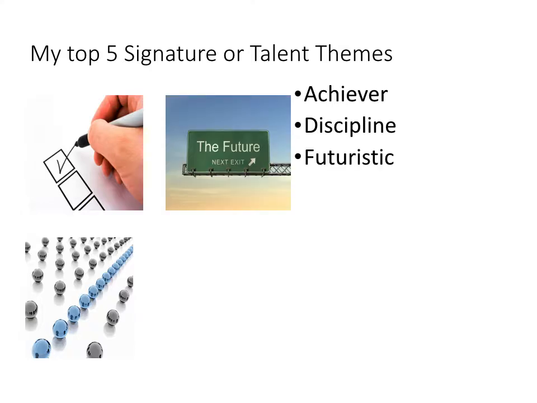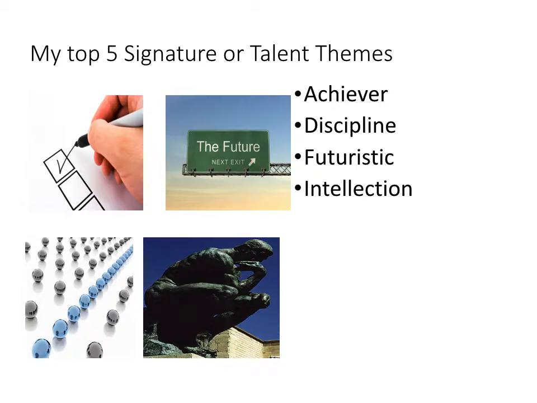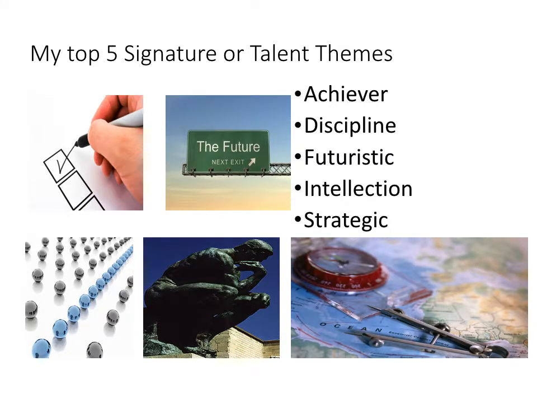I'm a futurist, which means I like to dream or think about how things can be different, which kind of seems weird when I'm disciplined and like routine. I have intellection, which means I like to learn, think, and be introspective. And my 5th talent theme is called strategic, which means I like to figure out different ways of doing things.